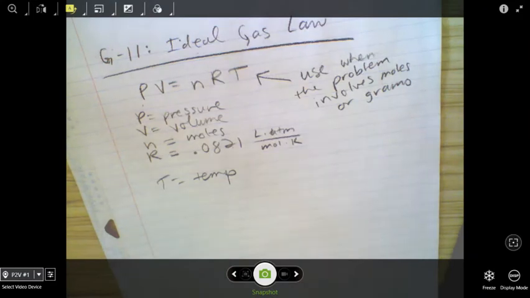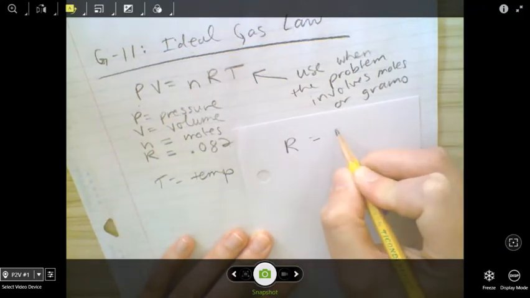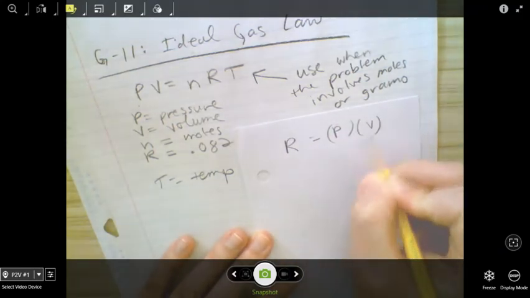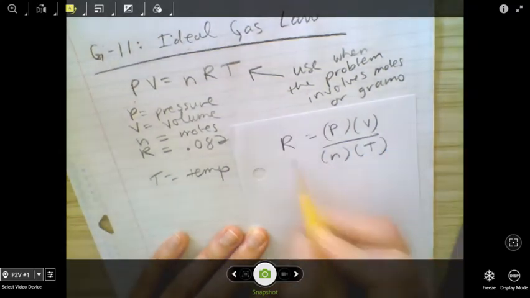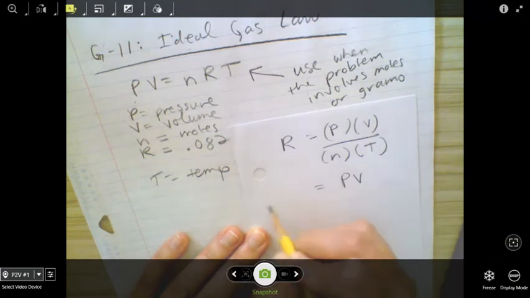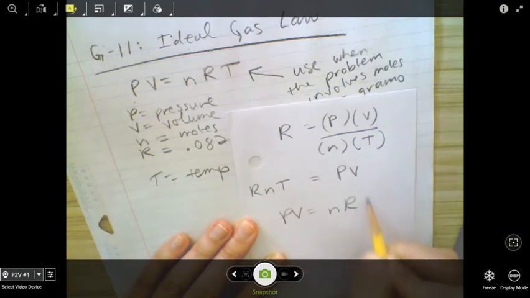Let me pause for a second. Don't write this down, just listen. If you remember in the do now, I had you solve for R. R is equal to the pressure times the volume divided by the moles times the temperature. So if we rearrange this formula, we have R times n times T equaling PV, or PV equals nRT.